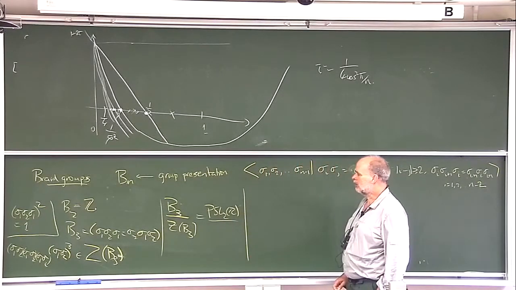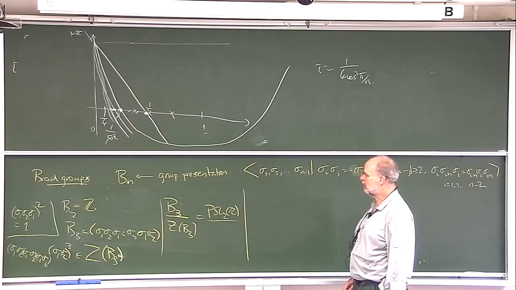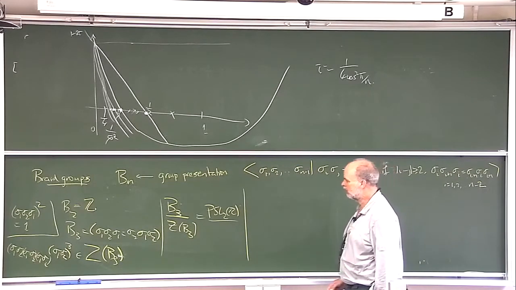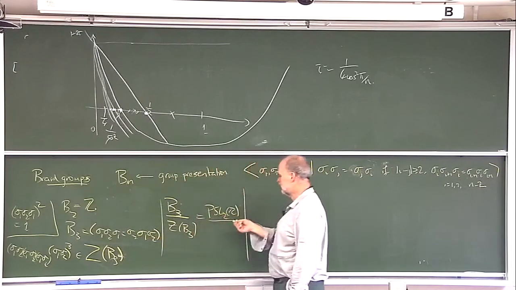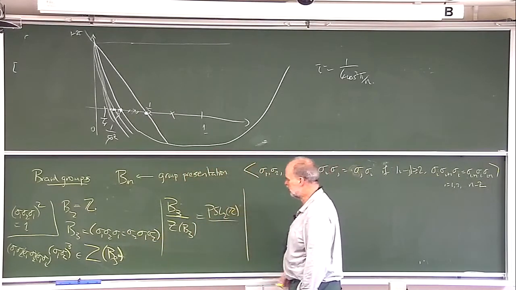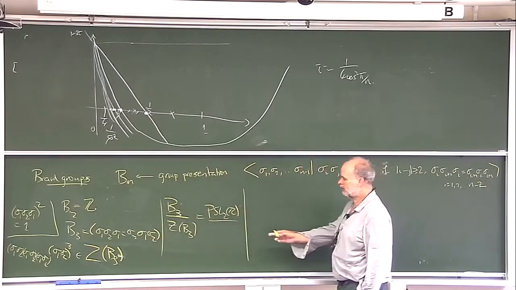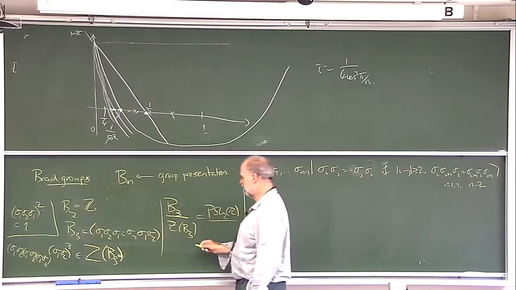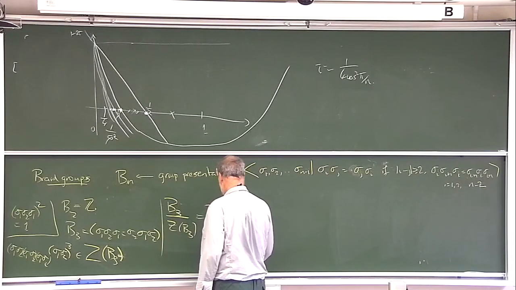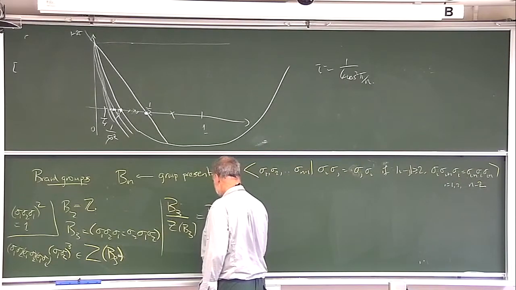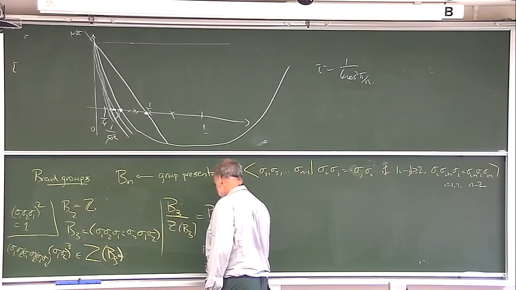So just in terms of generators and relations, we know that B2 is Z, and B3 is some central extension. In fact, if you look a bit harder, you'll notice that you have PSL2Z contained in the Lie group PSL2R.